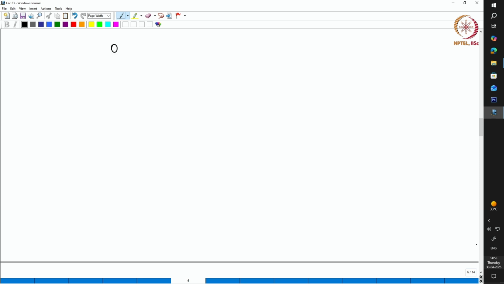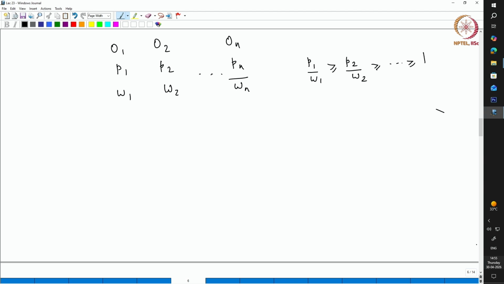We will assume that we have object 1 which has got a profit P1 and a weight W1. Object 2 has profit P2 and weight W2, and object N has Pn, Wn. We will assume that the numbering is done in such a way that P1 by W1 is greater than or equal to P2 by W2 is greater than or equal to Pn by Wn.